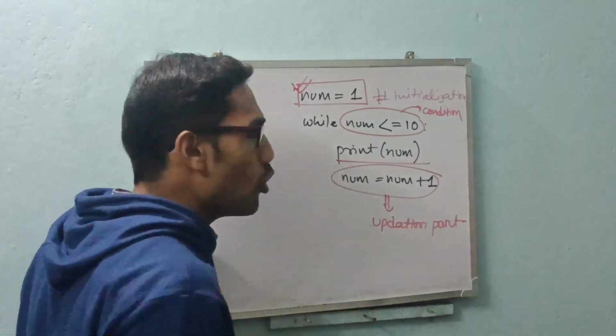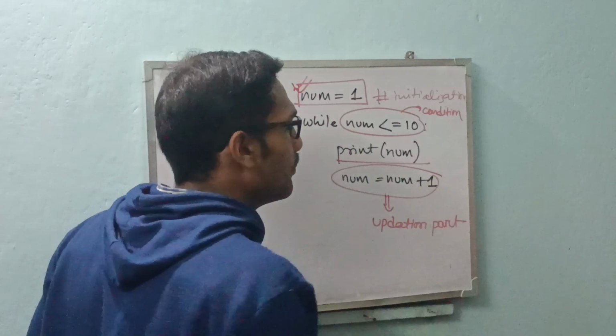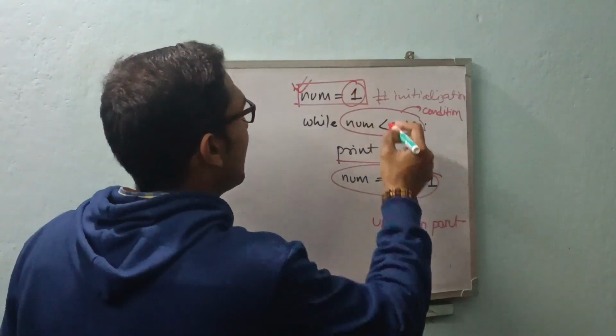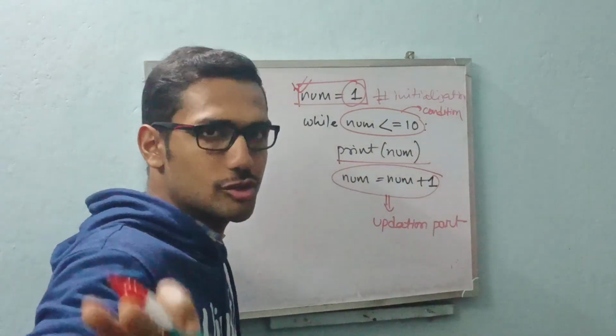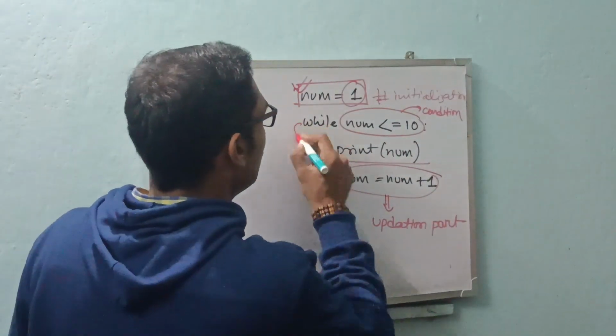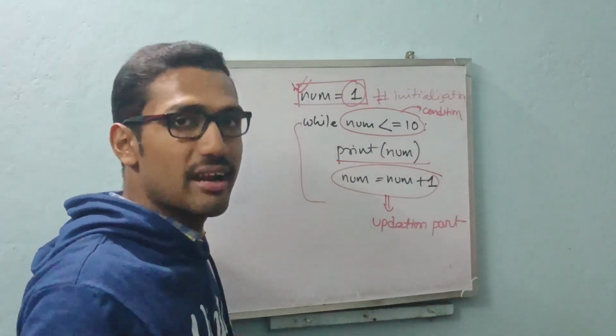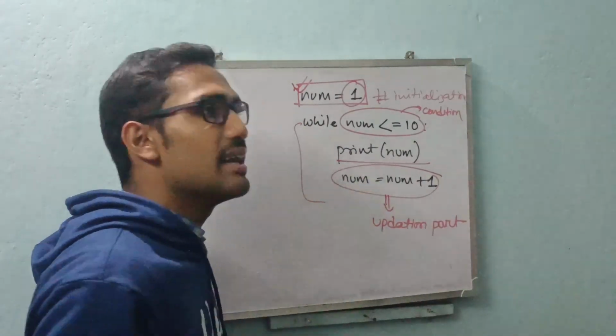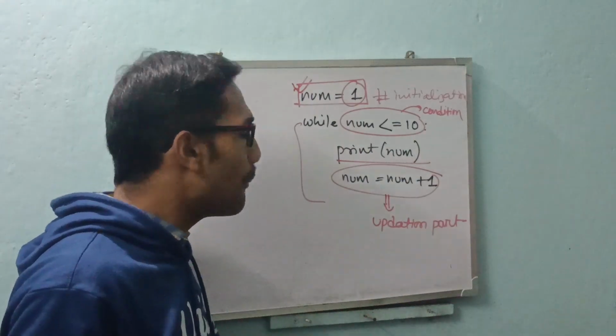If we don't increase the value of num by 1, then it will always remain as 1 and the condition will always evaluate to true, and this loop will become an infinite loop. That's the reason we should always have an updation part.